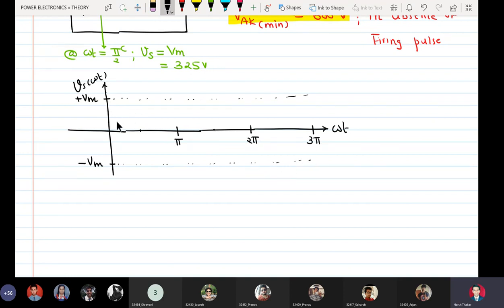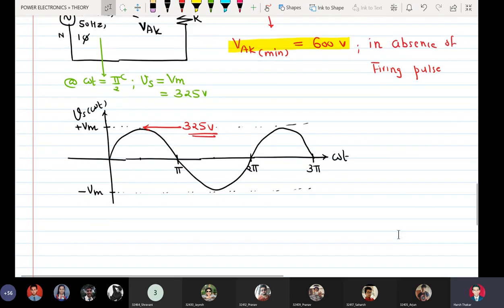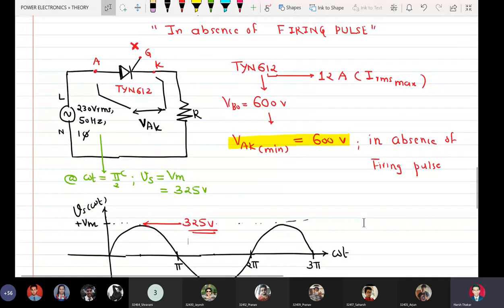Similarly at 3 pi by 2. So this maximum value attained is 325 volts.